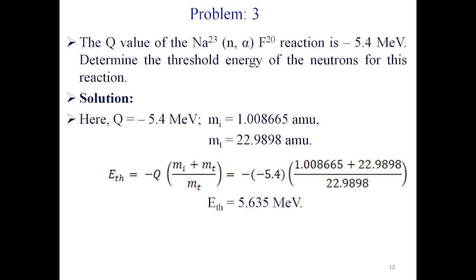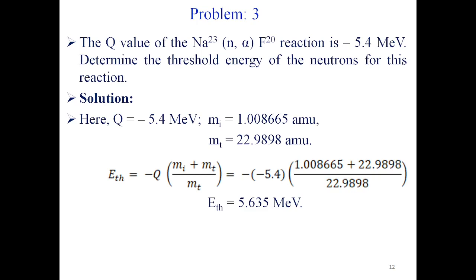So now let us find the solution. Here the Q value is minus 5.4 million electron volt, and Mi, the mass of the projectile, is 1.00865 AMU, and the mass of the target, that is sodium, is 22.98.